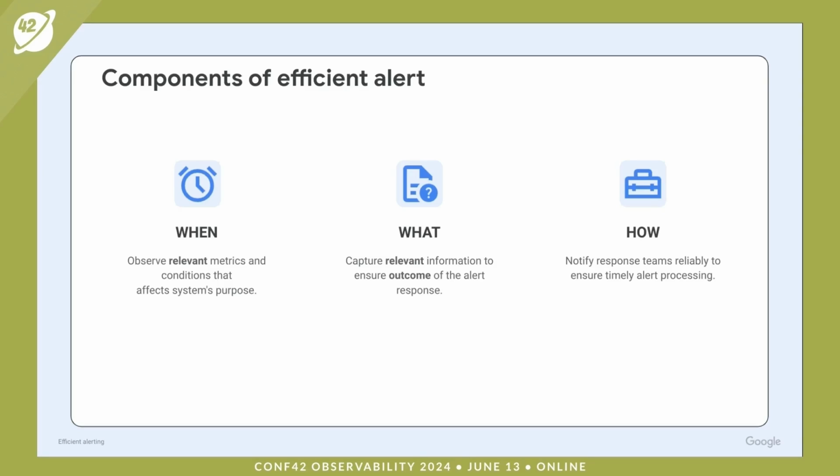The right information can increase efficiency of the alert's outcome and improve the time to resolve metric of alerts. The last, how, is the one that covers the messaging part of the alert. Notifying about the alert can take different forms and formats. Let's look into each of these components of the efficient alert closer.